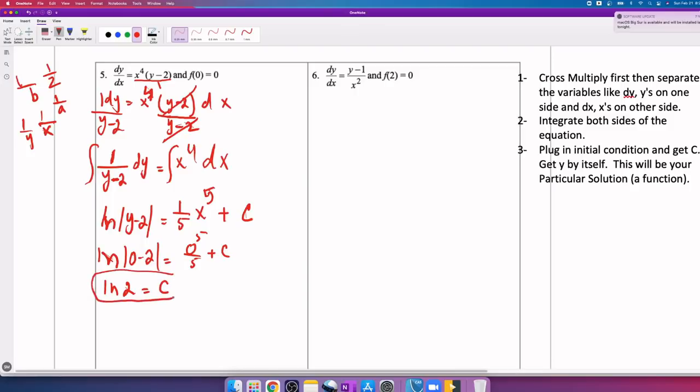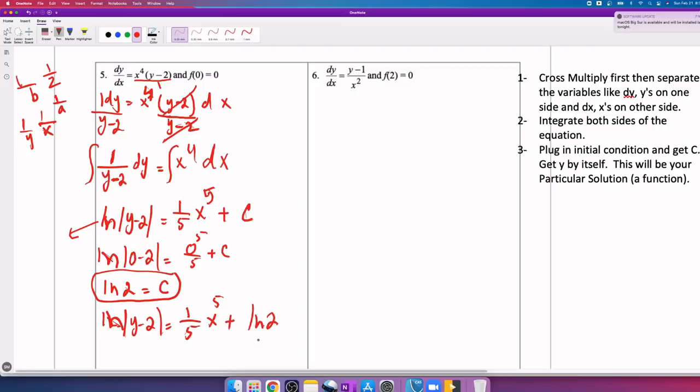Now I go back and plug this into my function: ln absolute y minus 2 equals 1/5 x to the power 5 plus ln 2, which was my c.